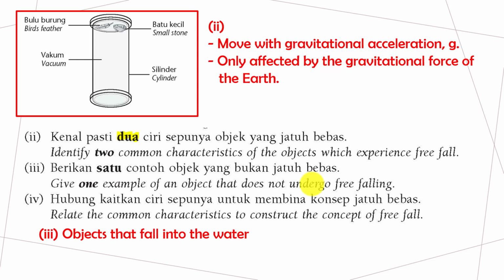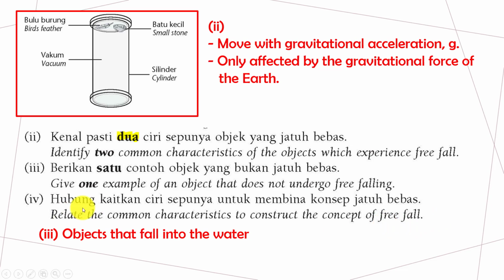Okay, number 4, you need to relate the common characteristics to construct the concept of free fall. I want you to concentrate on this question. When you see the concept of free fall, your answer must start from free fall. So your answer is: free fall is.